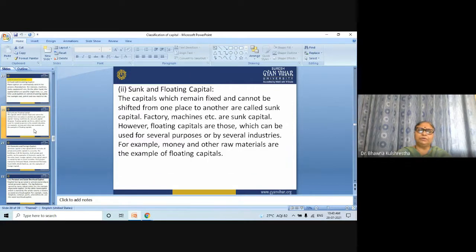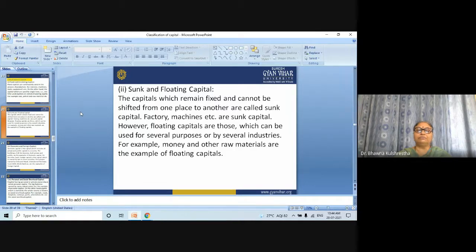And the next point, sunk and floating capital. The capital which remains fixed and cannot be shifted from one place to another is called sunk capital. Factory, machines, etc. are sunk capital.